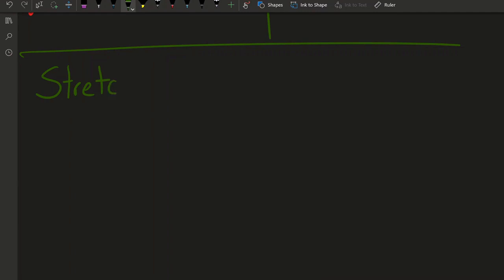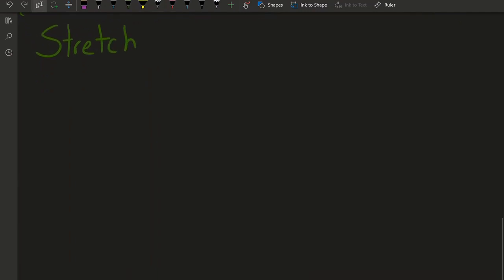The third type of transformation that we have here is stretches. These ones are the ones that people struggle with the most. So for a vertical stretch, we're going to take our function f of x and we will multiply it times some number.